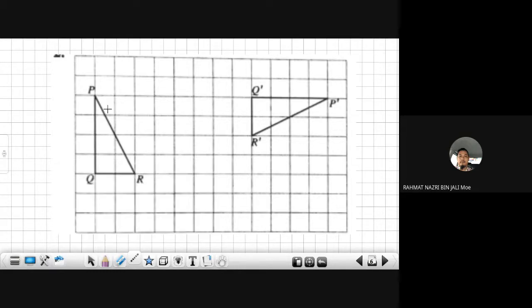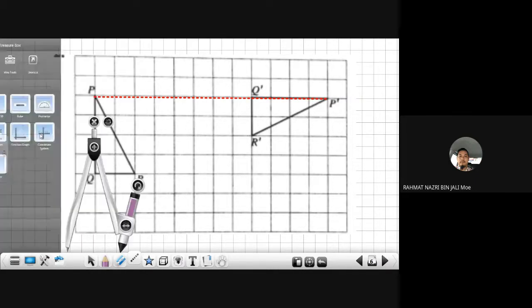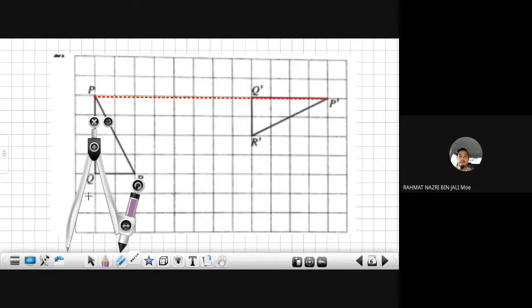Saya ambil dahulu P. P dengan P prime. Kemudian kita perlu lukis perpendicular bisector to the P and P prime menggunakan kompas. Okay, ambil kompas.